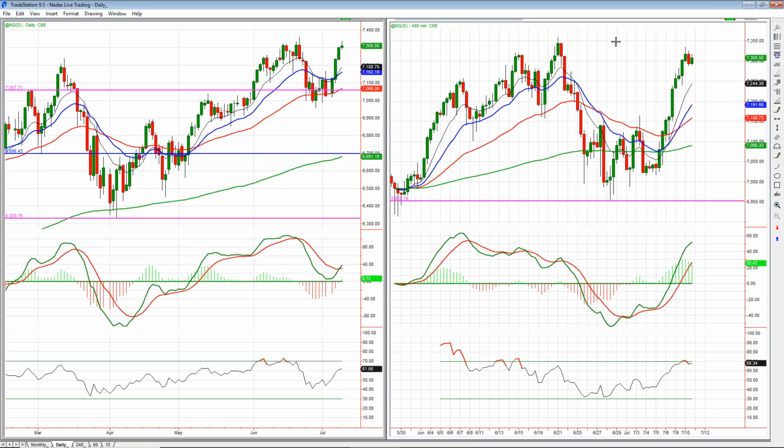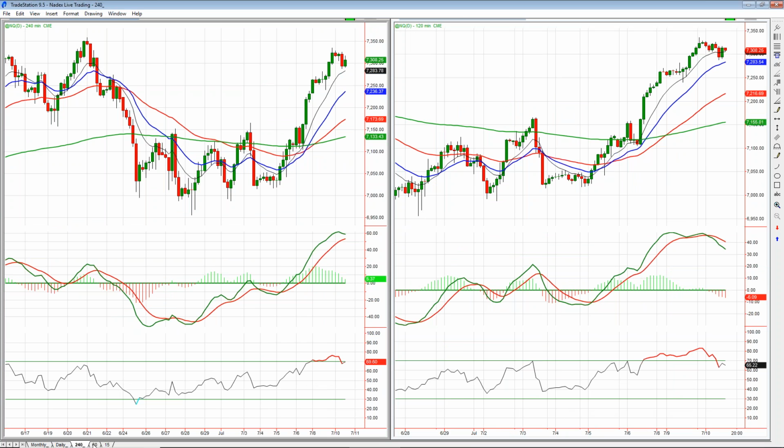So on the higher time frame charts, we're in a little different scenario here on the Nasdaq. Things look to be moving higher. They look very positive on the higher time frames, not as positive on some of the intermediate time frames. So that's kind of where things look like as we work our way down. We can start to see some bullish candles in a pullback.